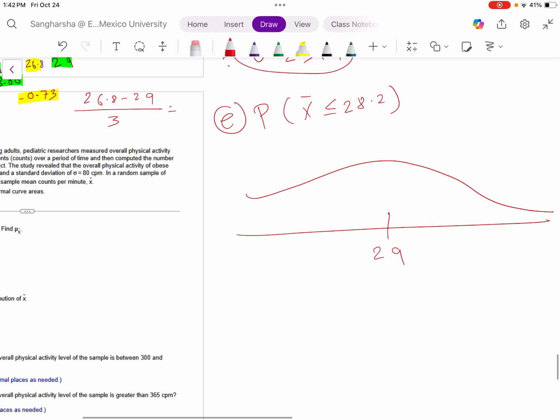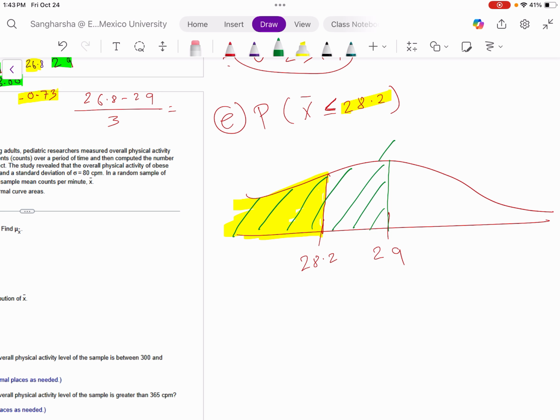We locate 28.2, so 28.2 is here, and less than means everything on the left. So we want to find the area of this part. We know this total area is 0.5. Now convert this into G.